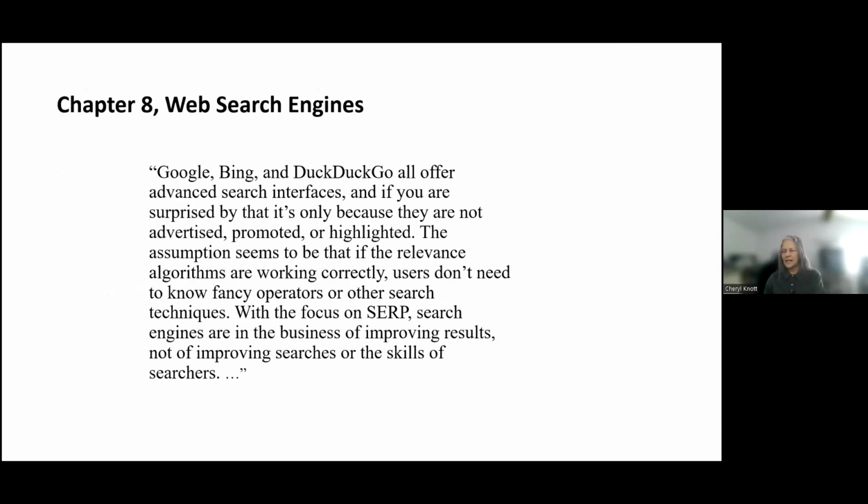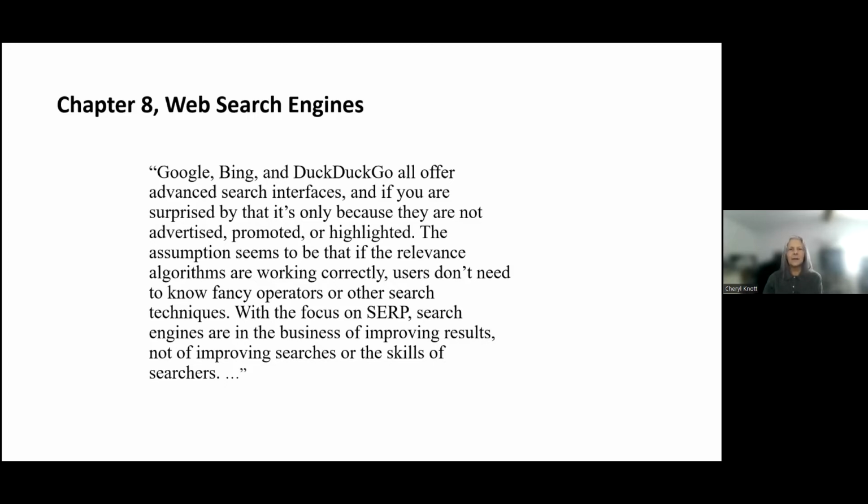So here's another little excerpt from chapter 8. And it's to say that these search engines do have advanced search interfaces, those sort of advanced search interfaces you might find on a commercial database. But they're not highlighted or promoted, again, because the sense is that you should be able to just go to a search box, throw your keywords in, and let AI and ranking do the work for you, which works really well.